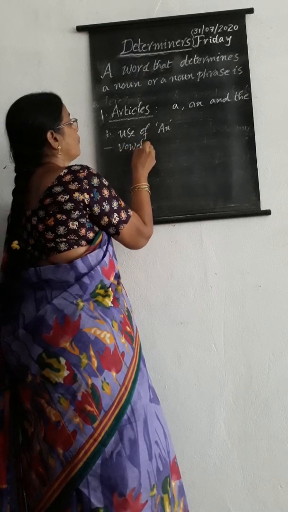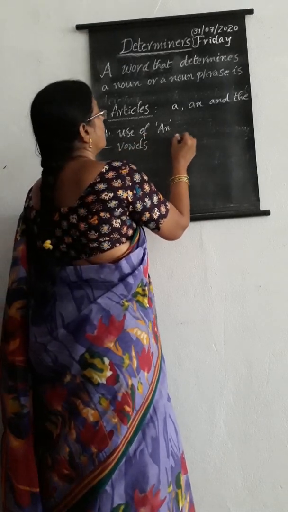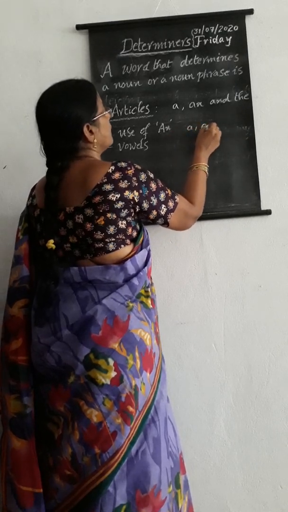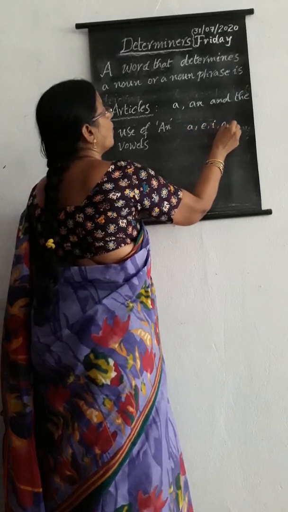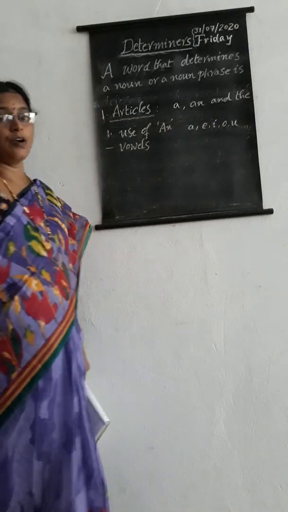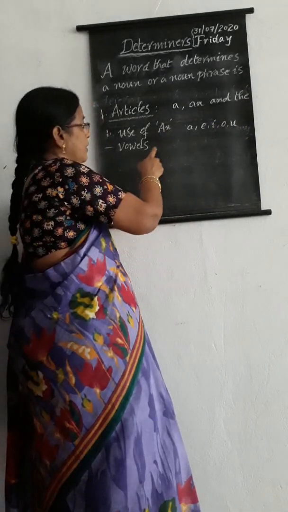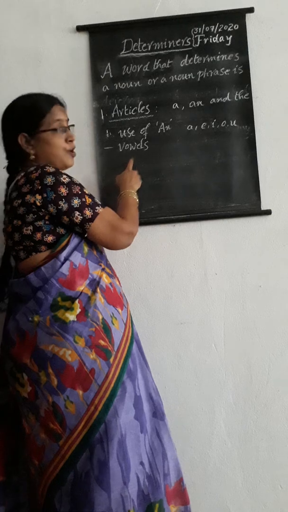Point number 1, before vowels. What are vowels? A, E, I, O, U. These are called vowels.